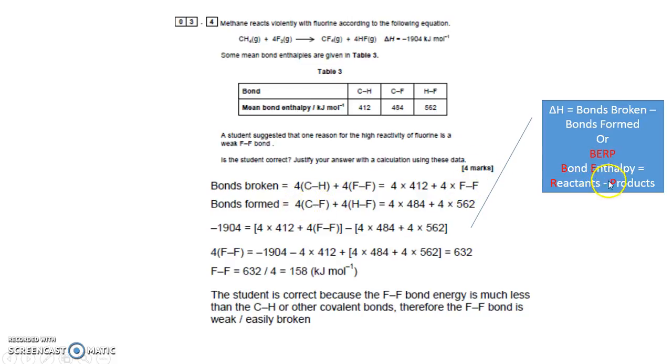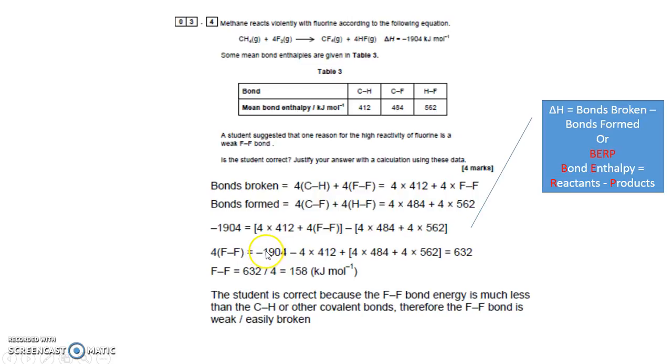Bonds formed, or bonds in the products, are C-F, 484, and we make 1 lot of those, and HF, we're making 4 lots of HF, that's 4 times 562, and therefore the enthalpy change minus 1904 equals the bond enthalpy of the reactants, sometimes called the bonds broken because they need to be broken, take away all of this.